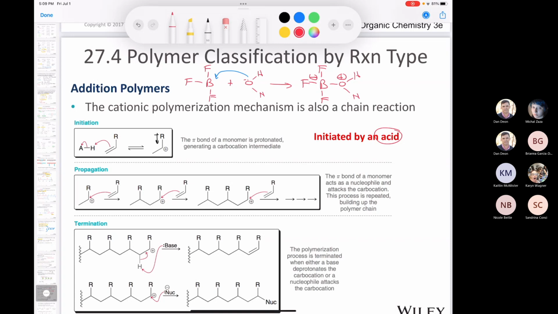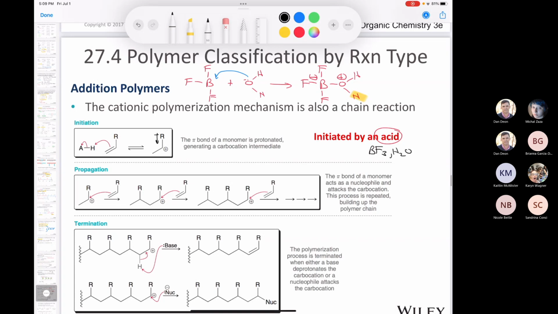But this is what would donate the proton. So you would donate a proton from this as your acid. It's not a strong acid, but it's strong enough to initiate the reaction. This mixture of BF3 with water. So we can put here BF3 and H2O together.